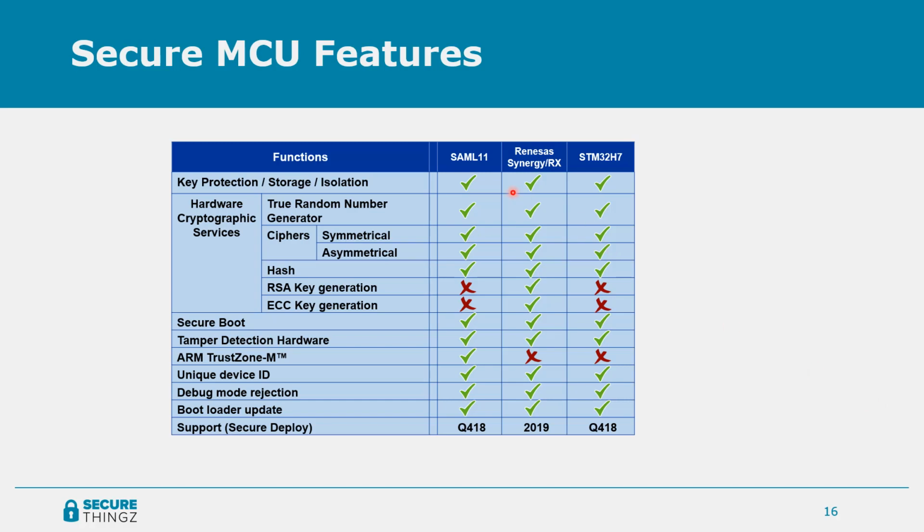We're looking at the SAM L11, the Renesas Synergy and RX products, and the ST microcontrollers STM32H7. Here we've just got a list of some of the security features available on these products. For example, Secure Boot is very important and available on all three. Other things like TrustZone is only available on the SAM L11. Bootloader update capability, and down here we give you some dates of when these are to be supported.